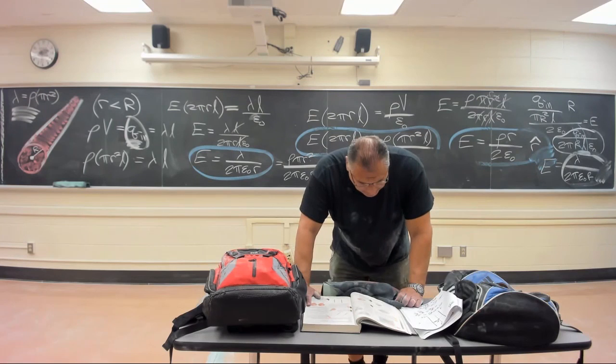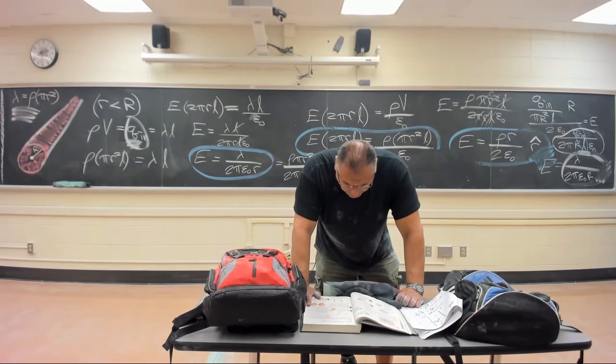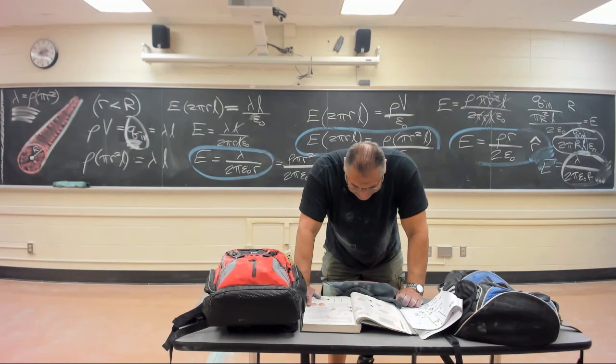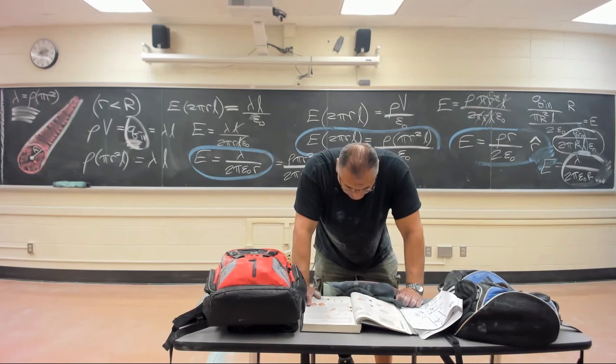It should be pretty straightforward. Let's say it again. It's saying a very long line of charge with linear charge density lambda is parallel to another very long line of charge with a linear charge density of negative 2 lambda. Both lines are parallel to the y-axis and are the same distance r from the y-axis. So they're on either side of the y-axis, you guys. We could make a lot of assumptions here, but I think the assumption they want us to make is that they're in the same plane, similar to the problem we did earlier, where the first wire is to the left of the origin, the second wire is to the right.